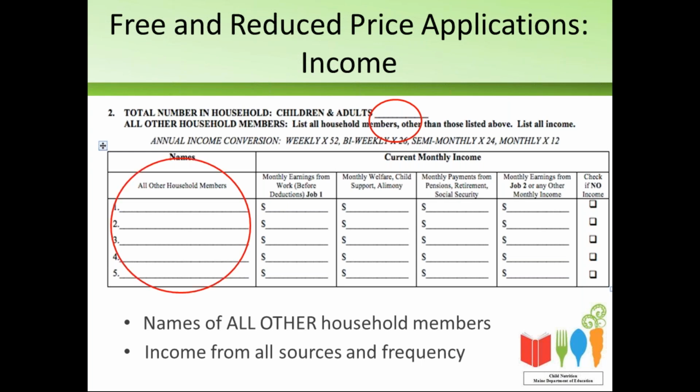Below that, they will be writing the family members that are in the household. The total number of children and adults in the household must match the number of names on the application. If there's one name up above and mom and dad's name below it, the total is 3, and that's what that number needs to be.